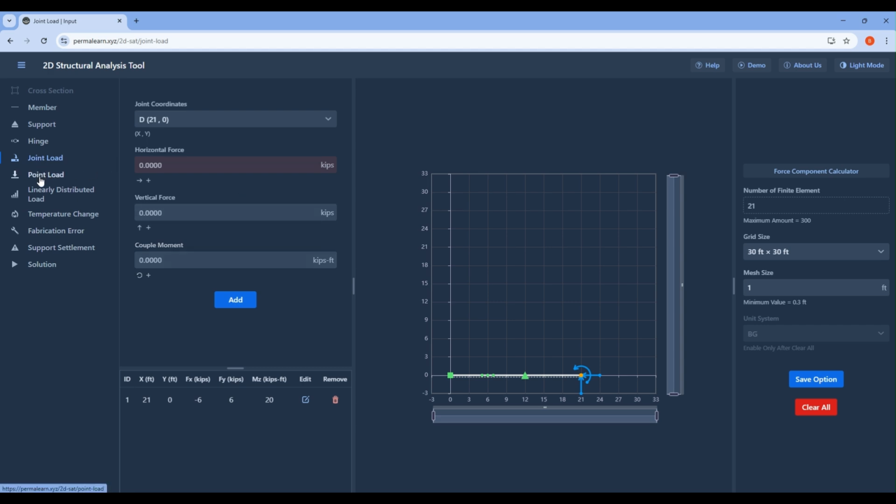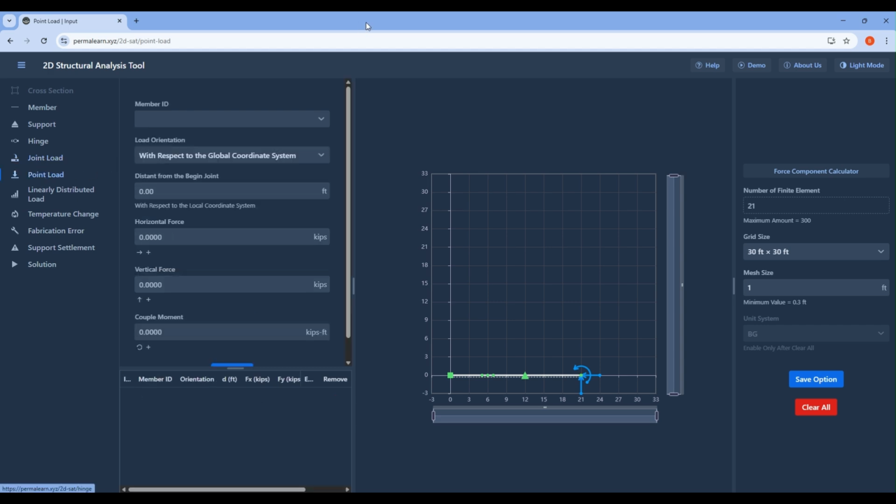So now let's move on to the point load. The point load here is a function where you can add a single force or couple moment at the distance where you want. For example, the distance from joint C here to joint D here is 9 feet.